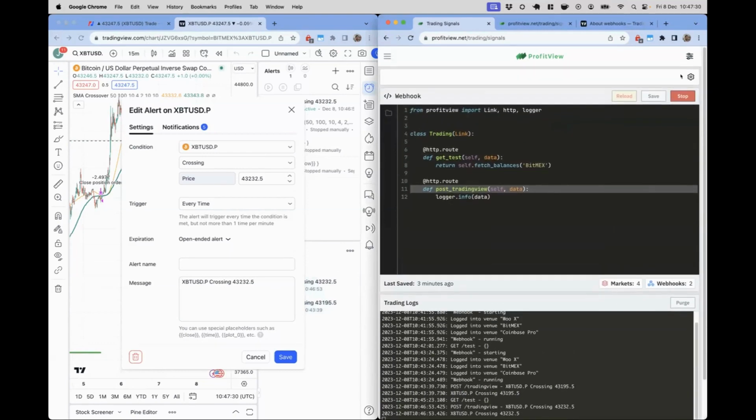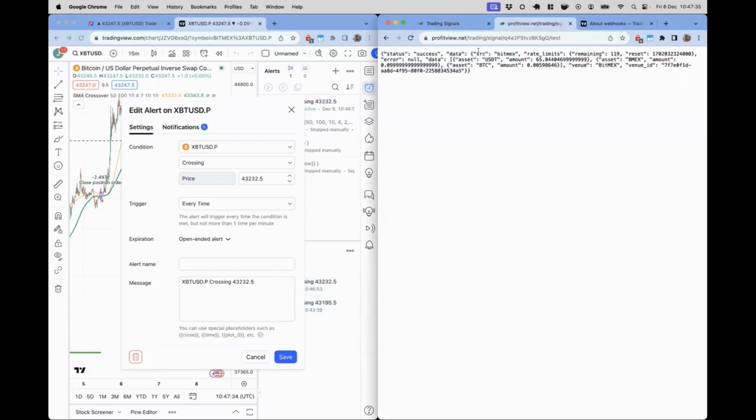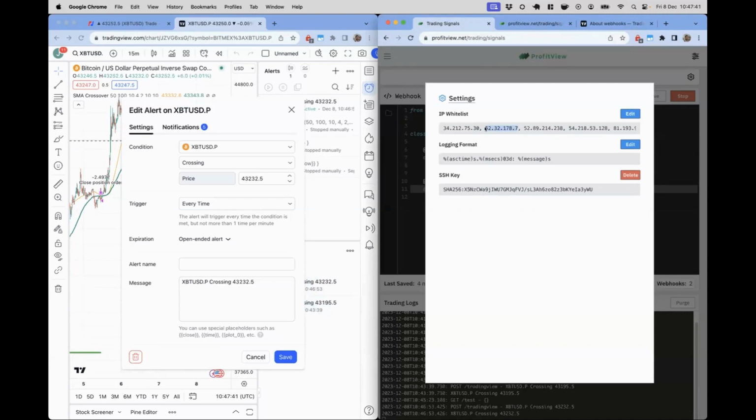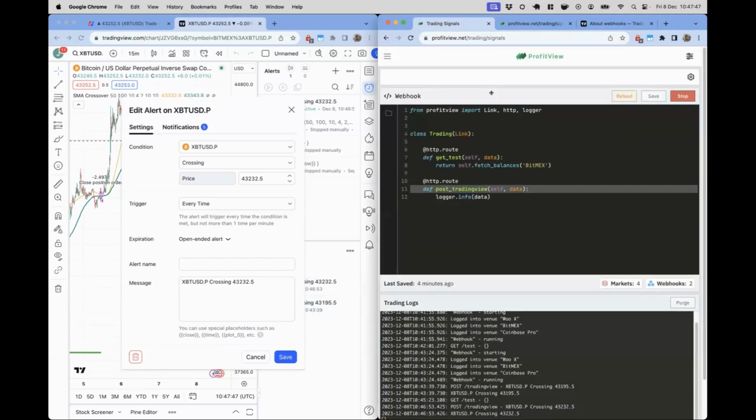And I should say one thing about safety. At the moment, I'm sharing my URL with everyone, which is obviously not ideal, but you can whitelist IP addresses here as well. I've whitelisted some IP addresses, and only those can access my trading bot.